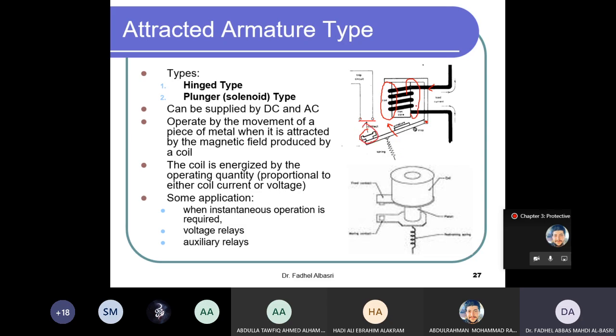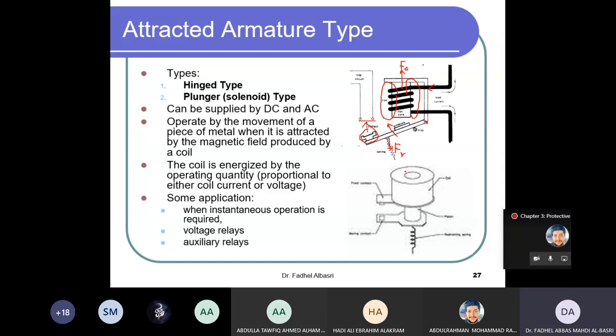Now the current that generates this magnetic field will create an attraction force toward this direction. This is the operating force. If the operating force is larger than the spring force, which we call the restraining force, the relay operates.